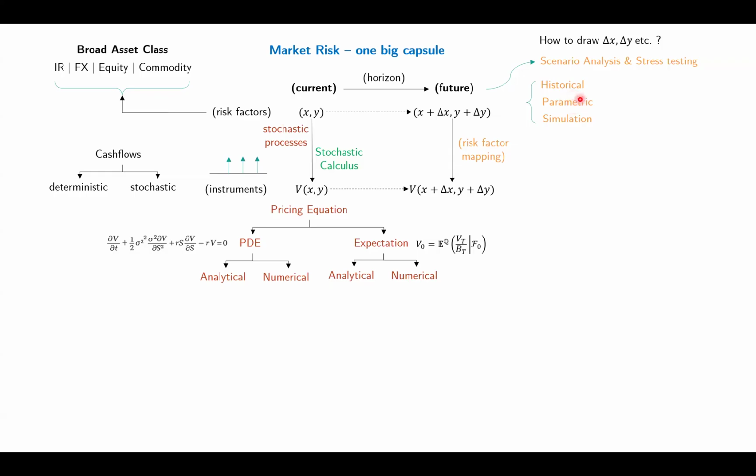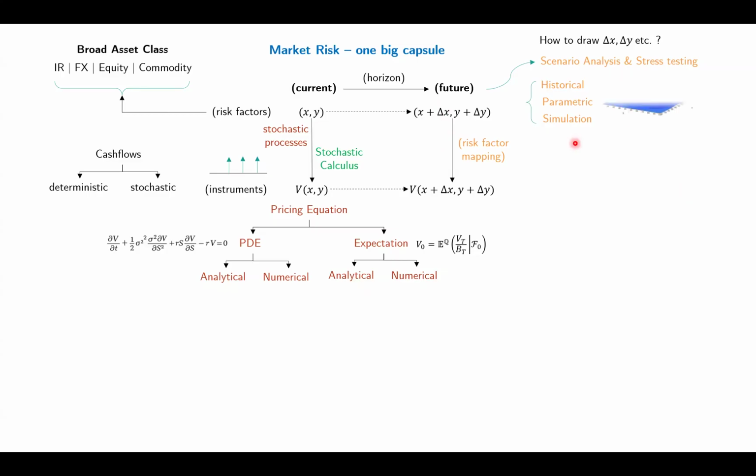And we have simulation. So Monte Carlo simulation, for example. Again, for that you also need a stochastic process. So based on, let's say, geometric Brownian motion, I will simulate the stock prices in future, and there will be many possible values of change in stock price.